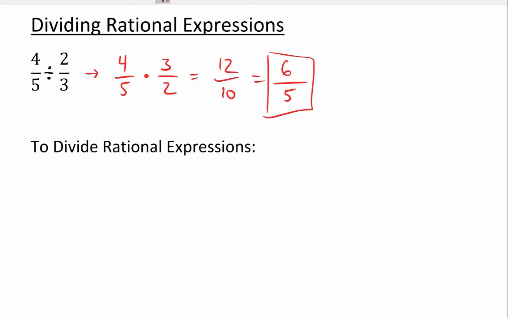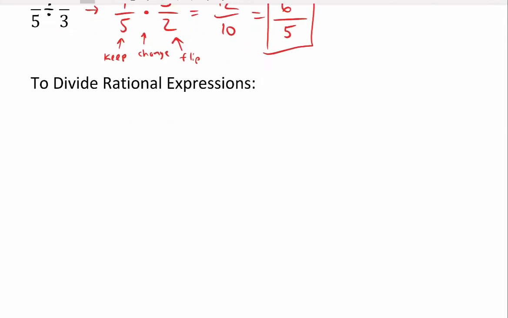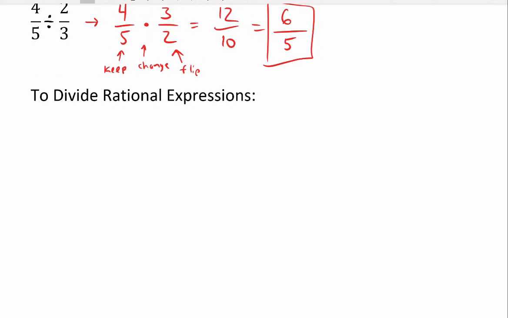Okay, but the key piece here was to keep that first fraction, change that operation, and then flip that second fraction. So you'll hear me refer to it quite a bit as doing keep, change, flip. So to divide rational expressions, we're going to do the exact same thing.